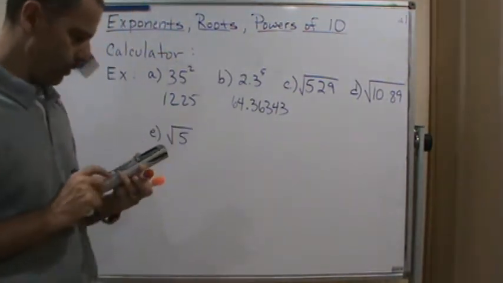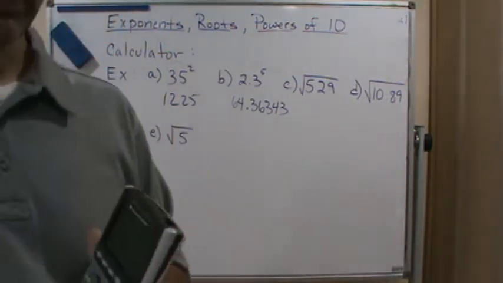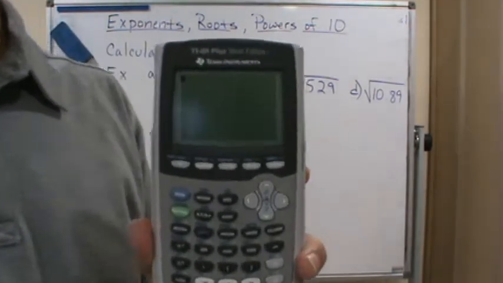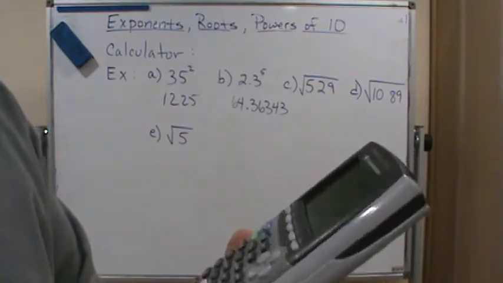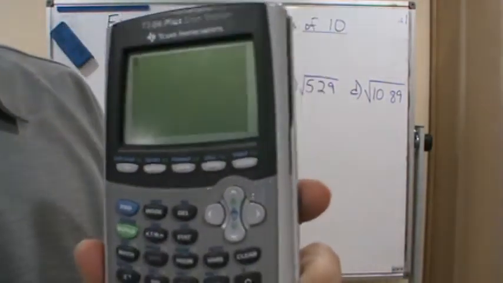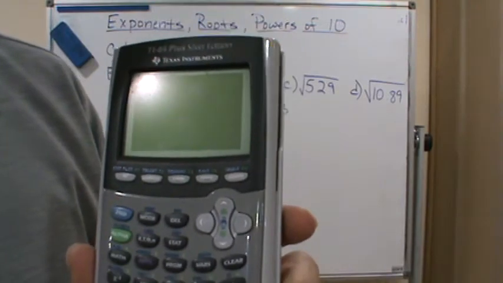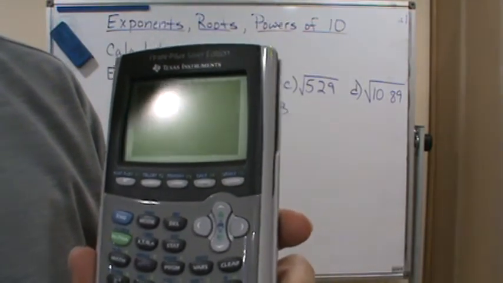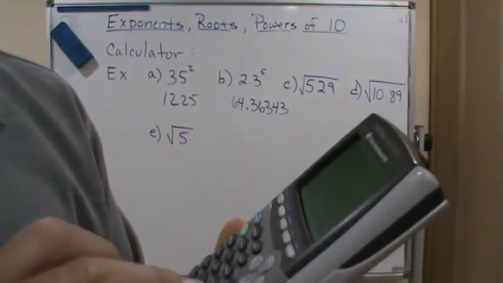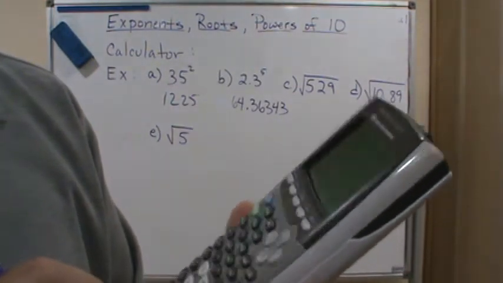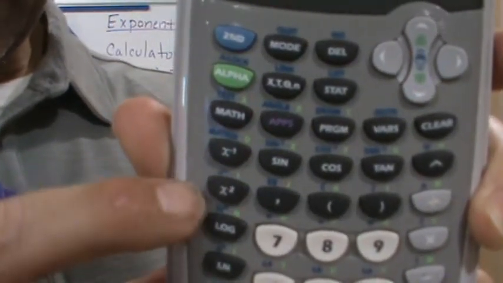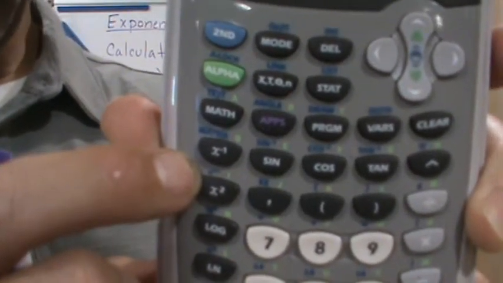Now let's do square roots. We're going to take the square root of 529. Again, I know what that one is, but let's find out the square root of 529. See, if you look above mine, I have the square root key.